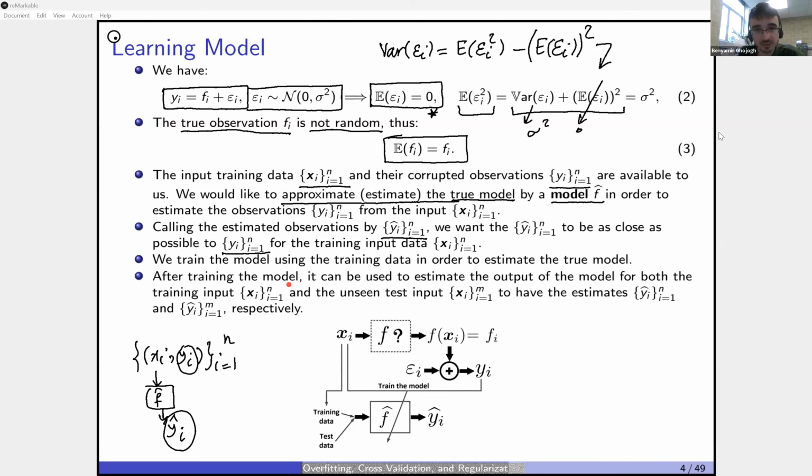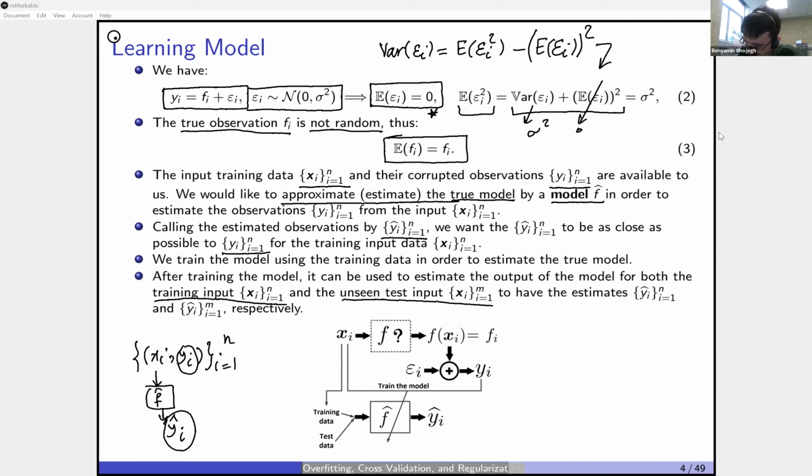After training the model, it can be used to estimate the output of the model for both the training input and the unseen test input. So after training with the n data points and their observations, we can also test it, use it, evaluate it by the test data, which is unseen during the training phase. And let the number of test data points be m, right?